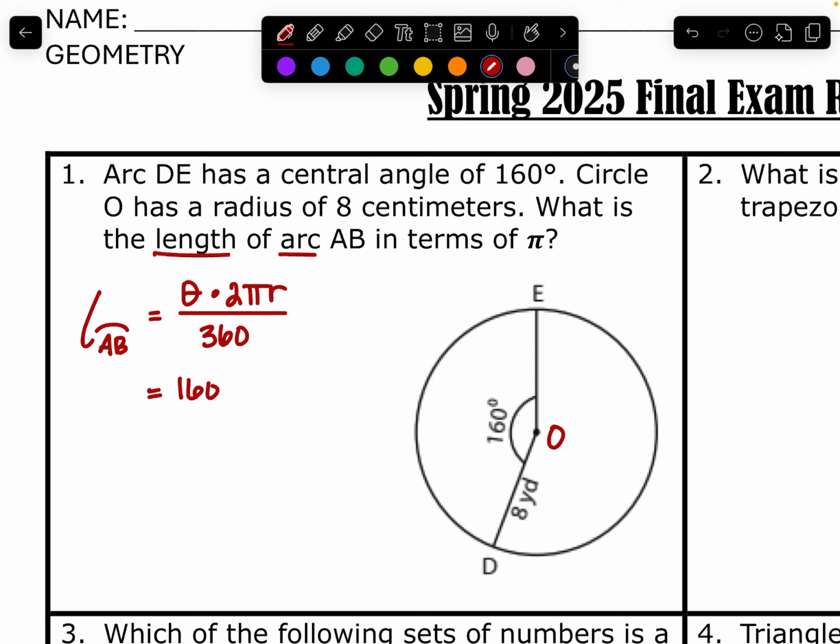So that'll be 160 times 2 pi 8 over 360. And it says that our answer needs to be in terms of pi. So we're going to put this in the calculator with everything except for the pi.